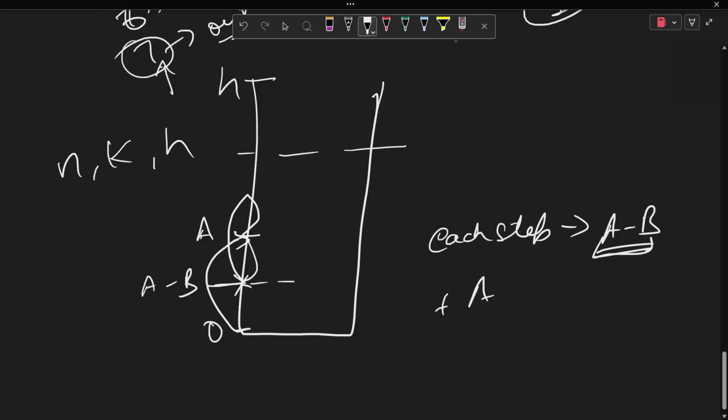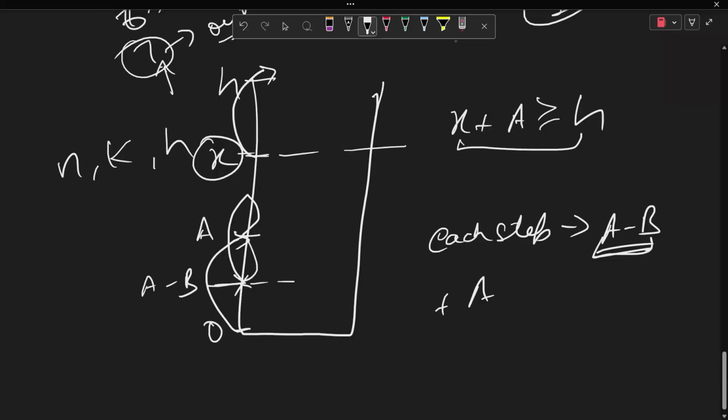When you are at some point, let's say x, such that x plus A is greater than or equal to h. When you reach a point x such that x plus A is greater than or equal to h, you would come out in one step only. But before reaching this point x, the number of steps or number of seconds would be whatever this height is.